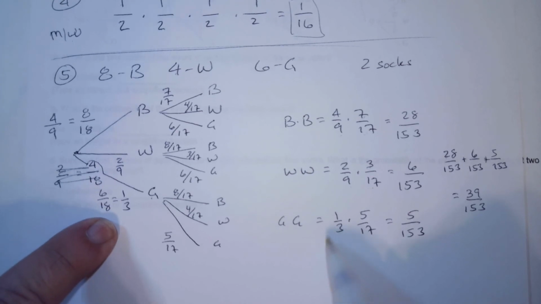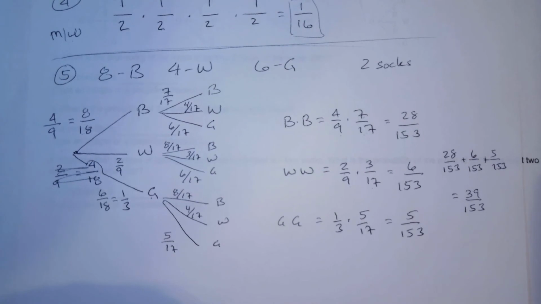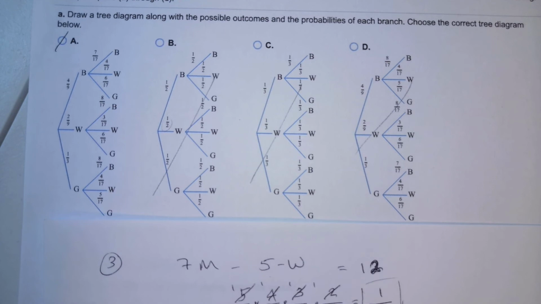And you have 6 of the gray ones, so 1/3 times 5 over 17. I'm just checking my numbers here.